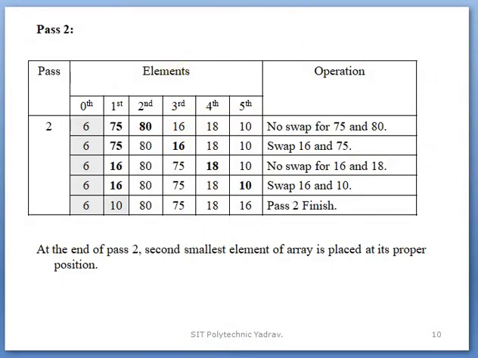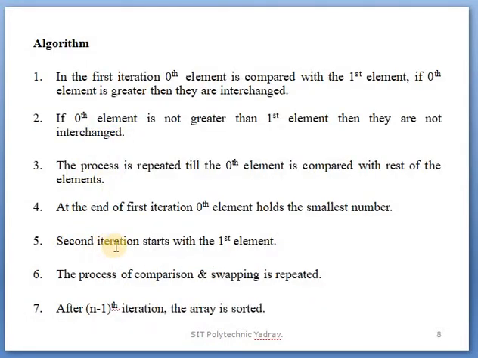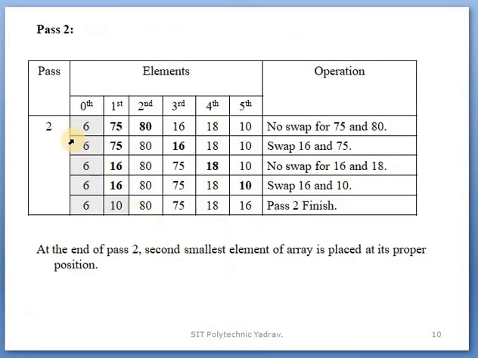Okay, the 0th position is already sorted, so the next iteration or pass starts with the first element. The algorithm says the second iteration starts with the first element. Clear? In the second pass, sorting starts with the first element.